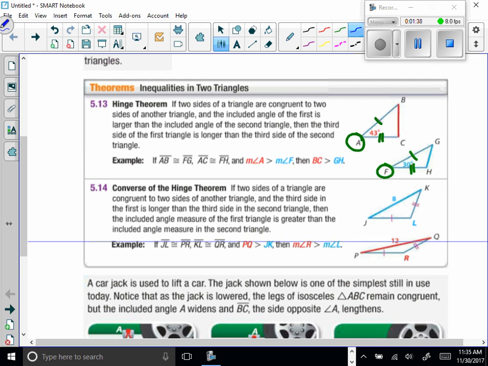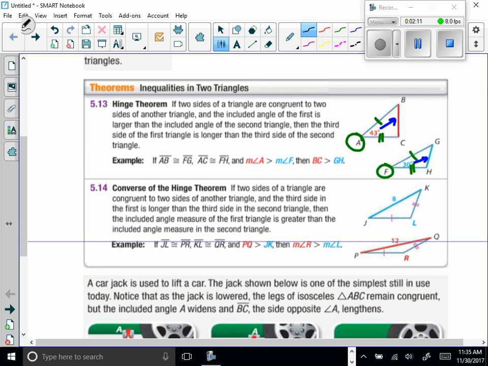So in this case, in triangle ABC, we're comparing the 43-degree angle with its corresponding side BC, and the 30-degree angle in the second triangle corresponds to side GH. Because the angle is greater in triangle ABC, since the 43-degree angle is greater than the 30-degree angle in FGH, that means that segment BC is greater than GH.